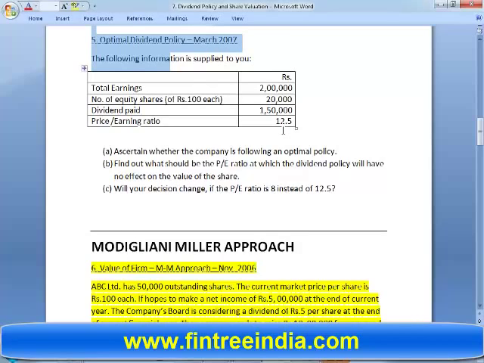Optimal dividend payout ratio should be how much? 100%. Are we good? Okay.